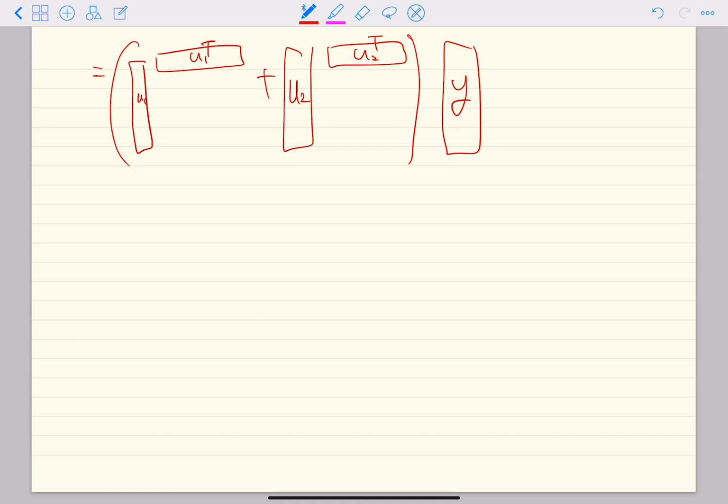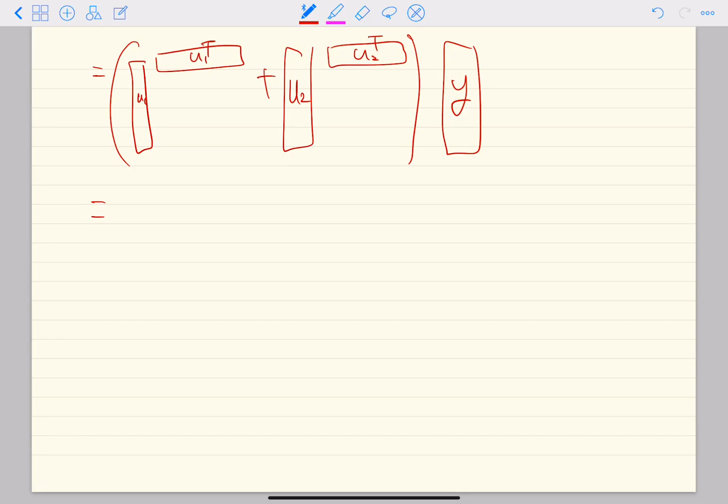Okay, this reminds us of one perspective of matrix multiplication. This is the fourth perspective, the sum of rank 1 outer products, right?